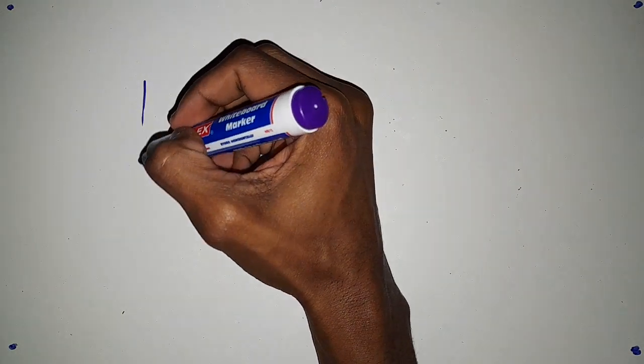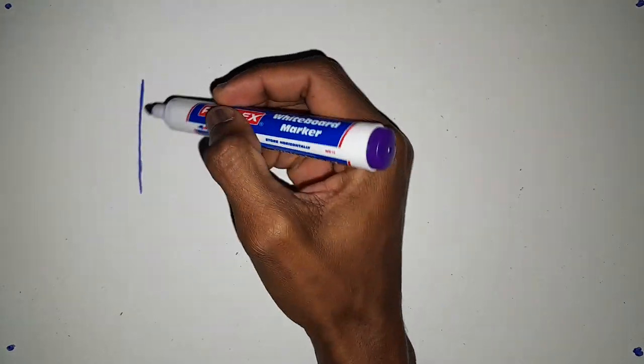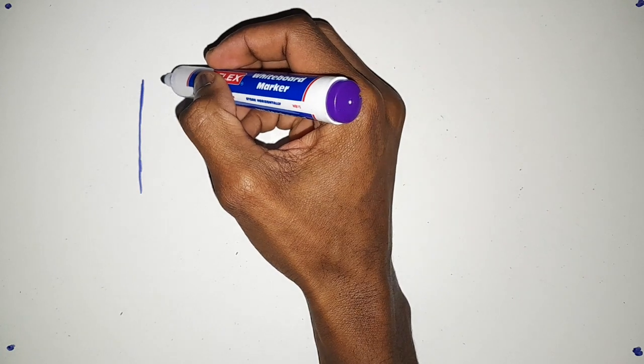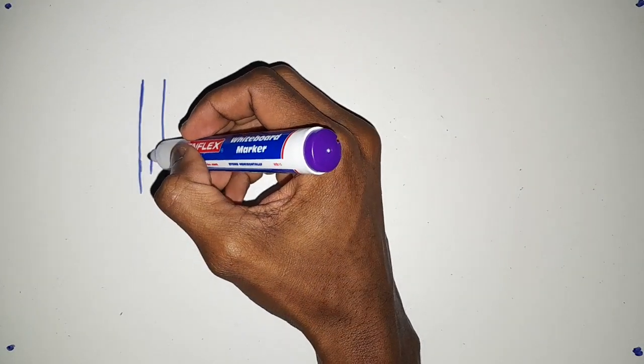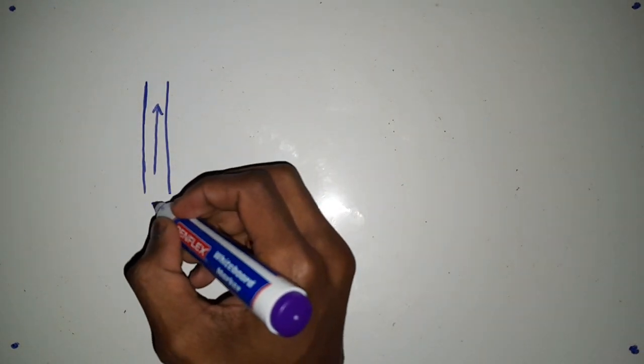Suppose I were to give you a wire like this, and the current is moving upward like this. How are we going to determine the direction of the magnetic field?